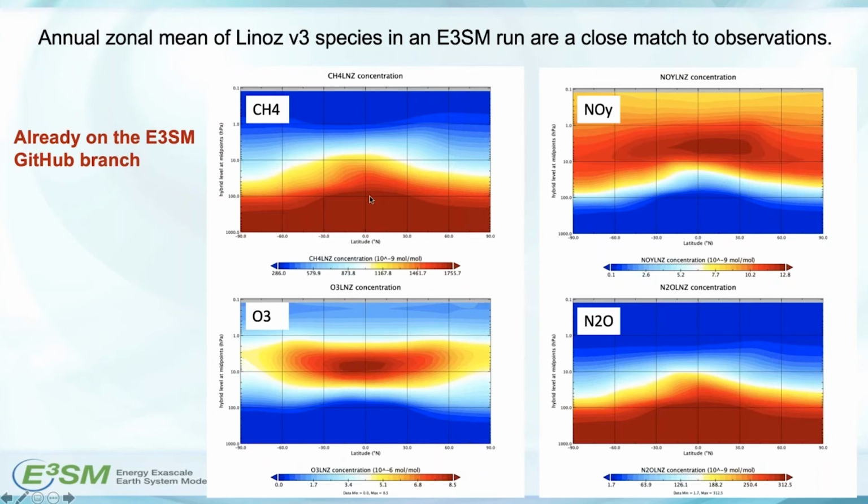Methane and N₂O have surface emissions, so the maximum is at the bottom part, whereas NOy and ozone have stratospheric sources. So it's identified on those 2 figures. So this one is already on the E3SM GitHub branch.